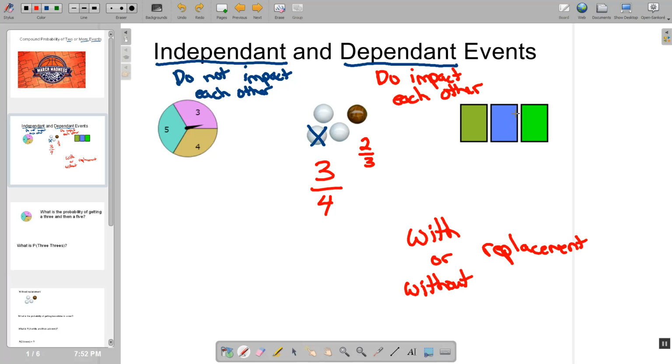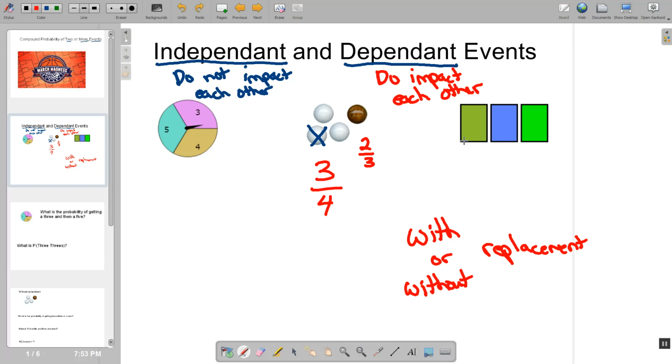If I keep the blue card out of the deck, that's without replacement. With replacement is almost always going to be independent events because the card goes back and you start over. If you do not replace the card, that would be a dependent event because it will change the total number that you are starting with.